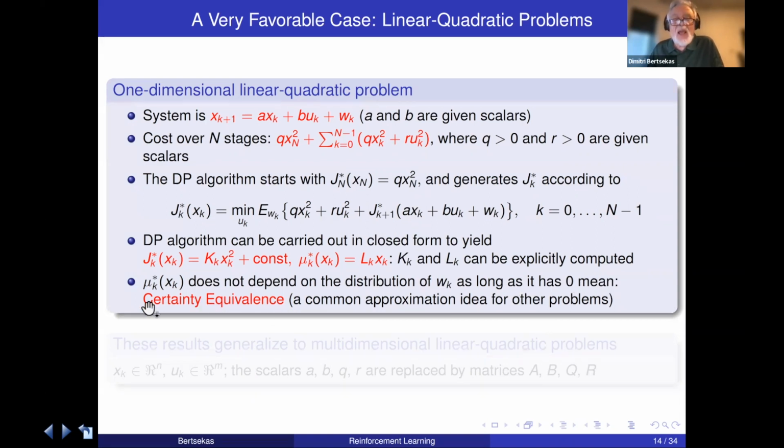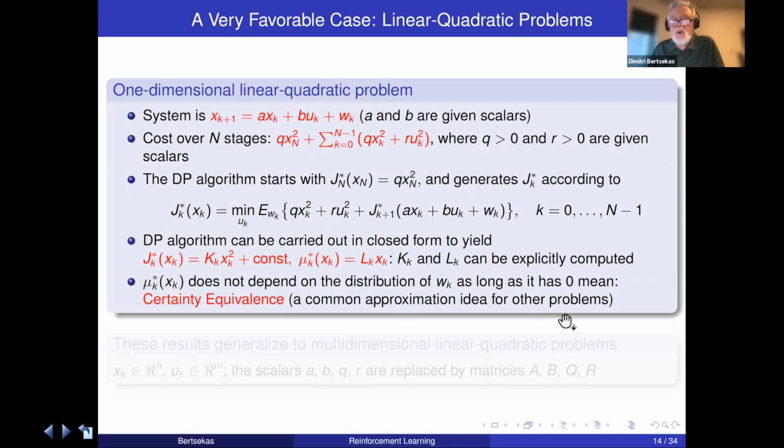And this is known as the certainty equivalence property of linear quadratic problems. It says that you can pretend that Wk is not stochastic, but rather is deterministic and fixed at its mean, and you are going to obtain the same optimal policy. So you can treat the problem as if it were deterministic.